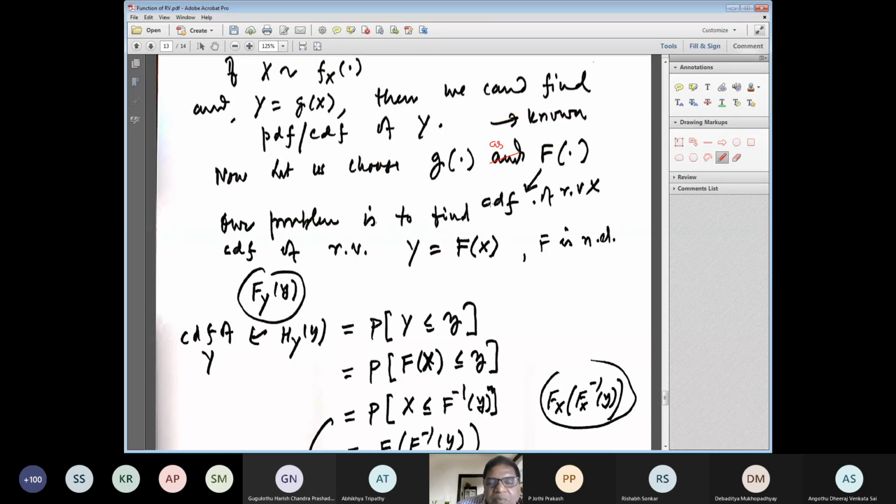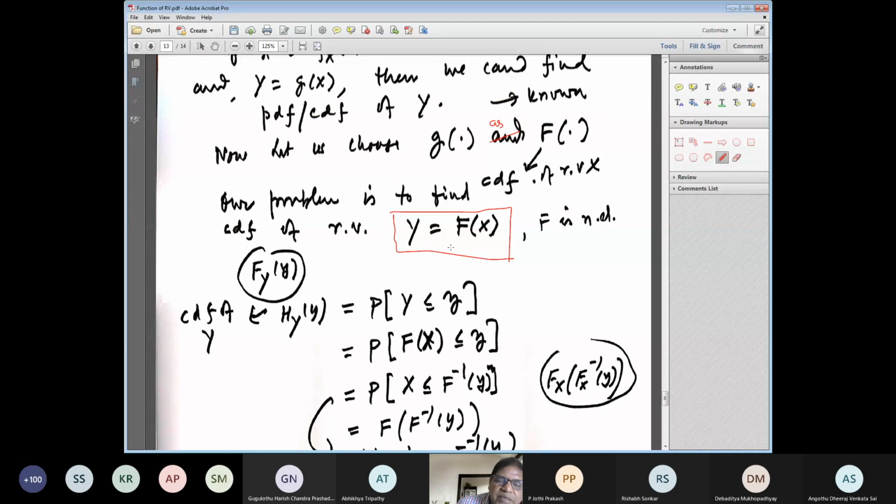So our problem is to find the CDF of the random variable Y equal to F(X). We have to find this. In place of g, I have chosen a particular function, and the particular function is our CDF. So I can write capital F in place of g.